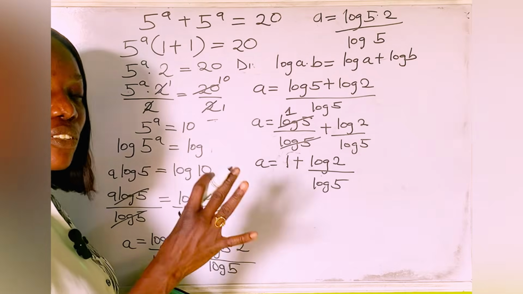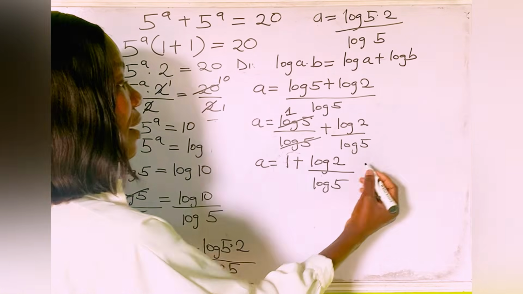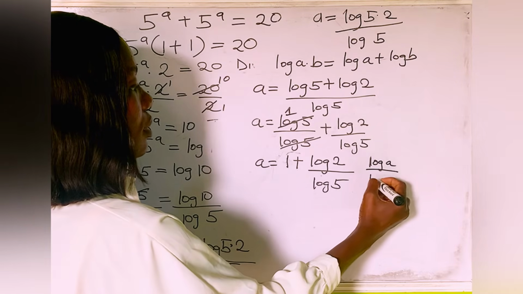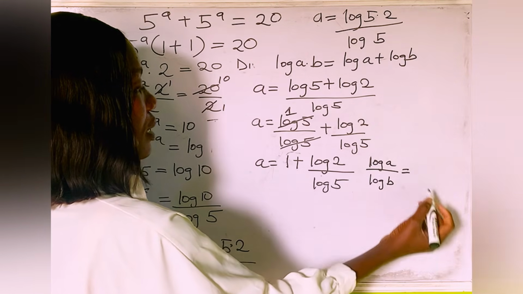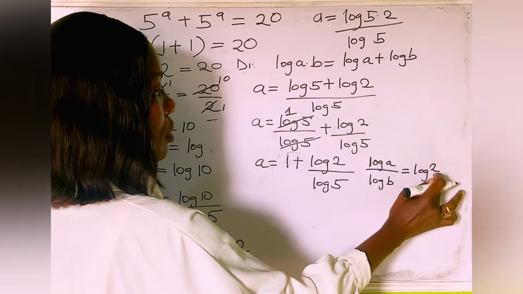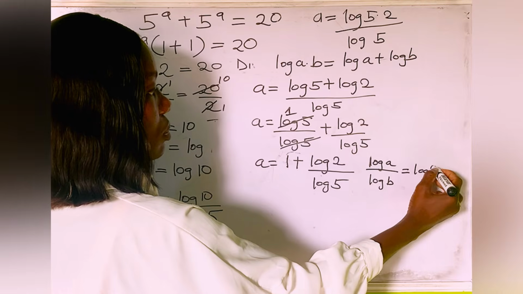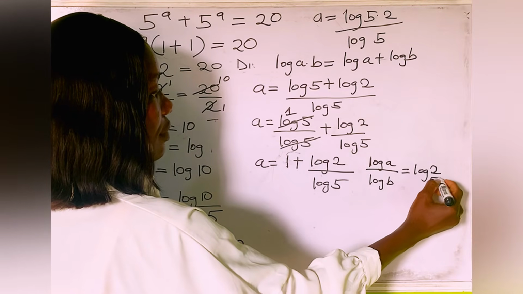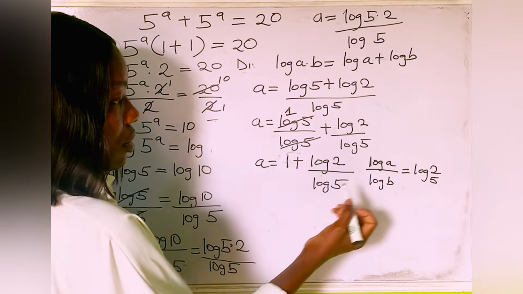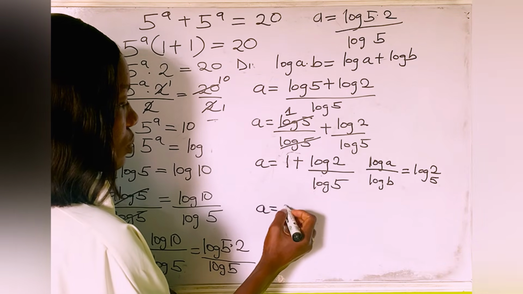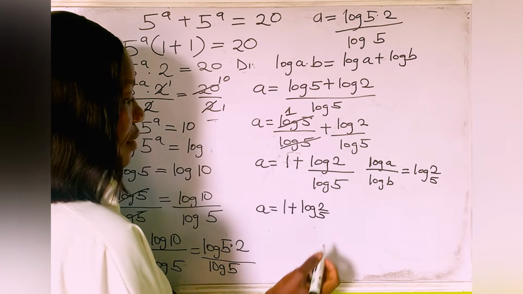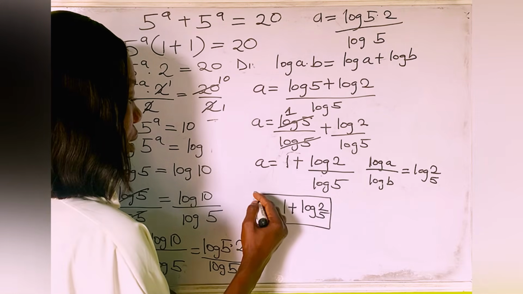If we apply another logarithm rule, where log a over log b is the same thing as log a to the base b, because they are of the same base, we can now say that a is equal to 1 plus log 2 base 5. That is the value of our a.